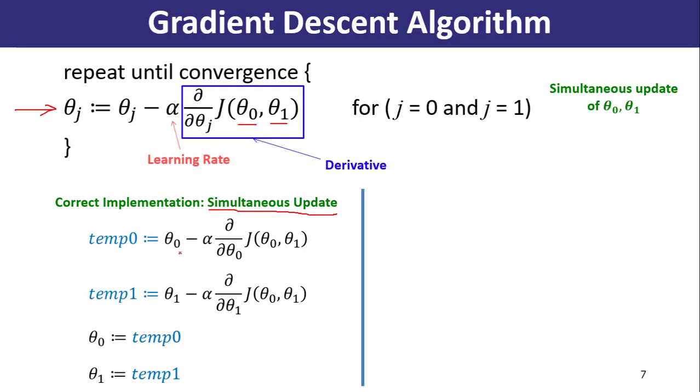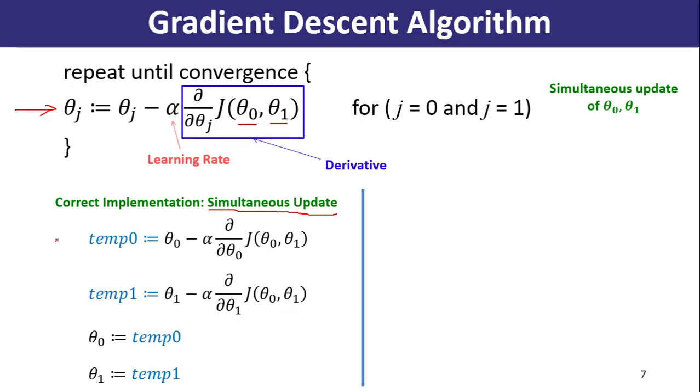We update theta 0 with the expression theta 0 minus alpha into the partial derivative of J with respect to theta 0, whereas theta 1 gets updated with the expression theta 1 minus alpha into the partial derivative of J with respect to theta 1.